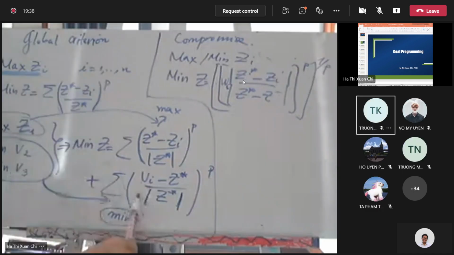Separate, minimize, you follow this formula. But for compromise, so maximize and minimize, so you can do mean here. Absolute. You get absolute here. This is the same.